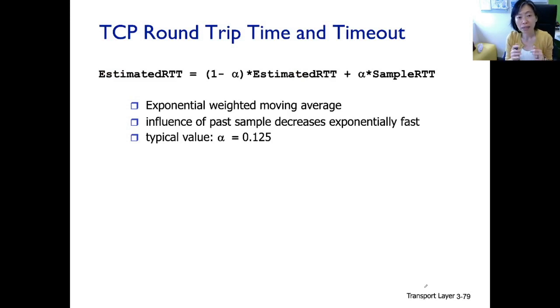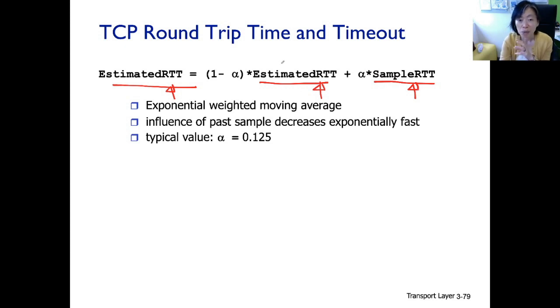What Polly brings up here is essentially the line of code in TCP's implementation estimating the smoothed RTT. The estimated RTT variable refers to the smoothed RTT. Now the next smoothed RTT is going to be the current smoothed RTT, taking a weighted sum of that with the current sample RTT.